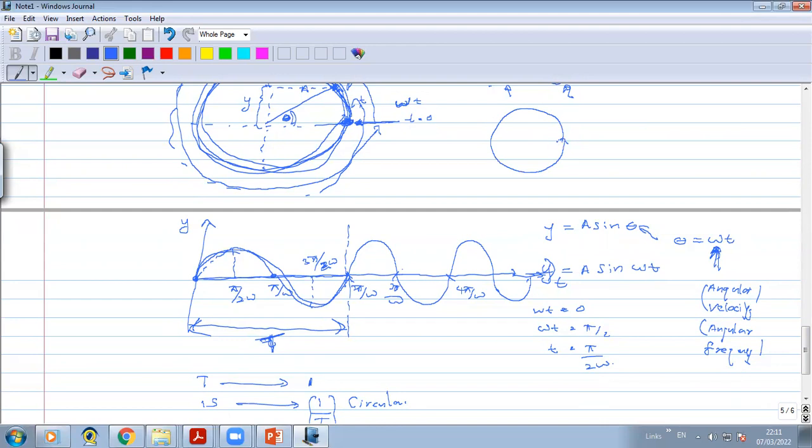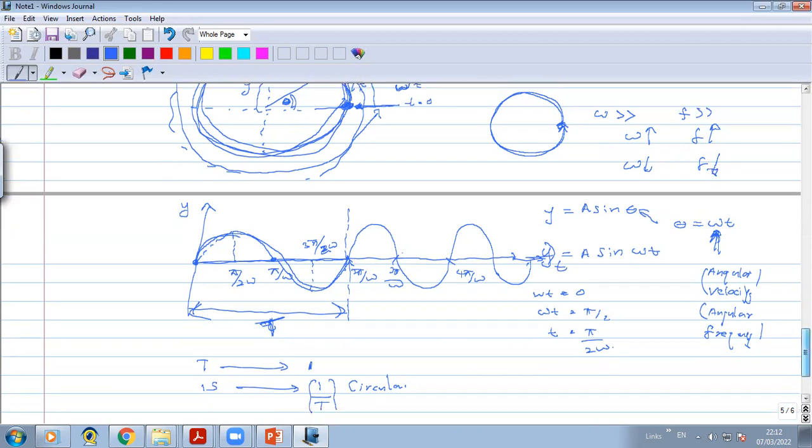If omega is very high, the number of circles per second will be very high, so the frequency is also very high. If omega is very low, the number of circles per second will be reducing.